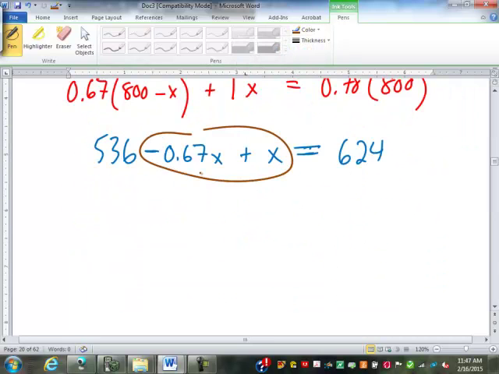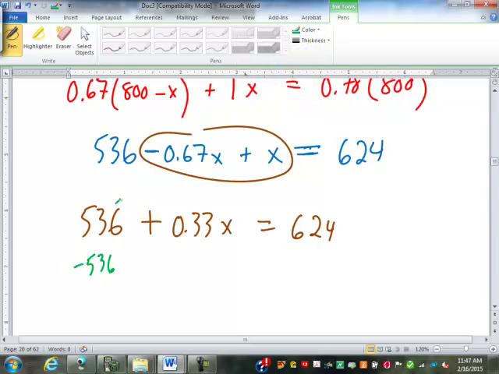So now we have negative 0.67 plus X is 0.33X. That's a positive. We have the 536 here yet, equals 624. We'll subtract 536. 0.33X equals, is that 88?